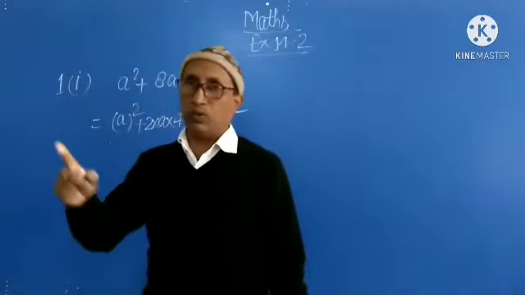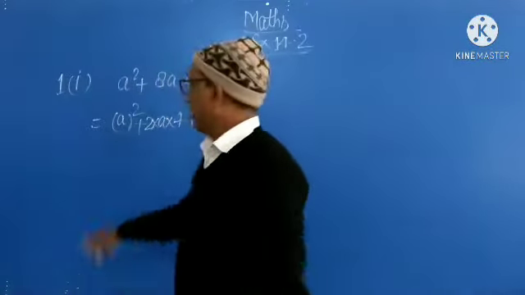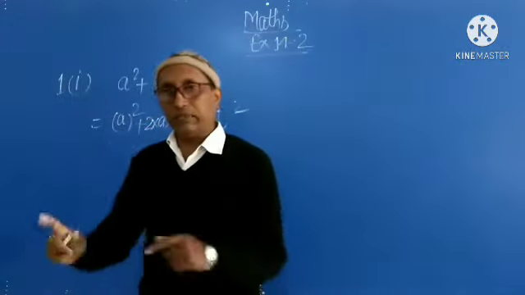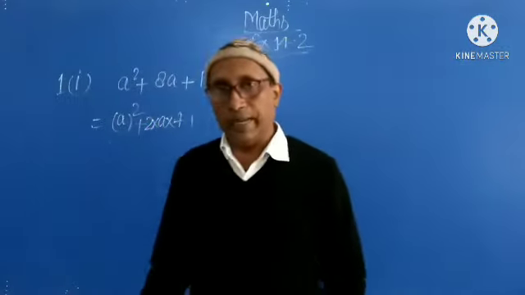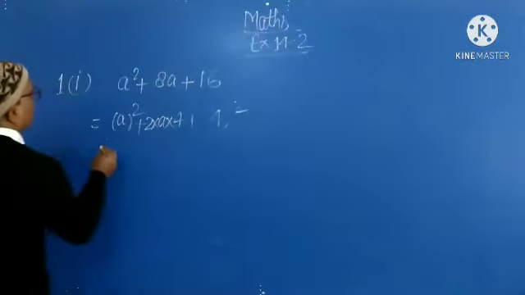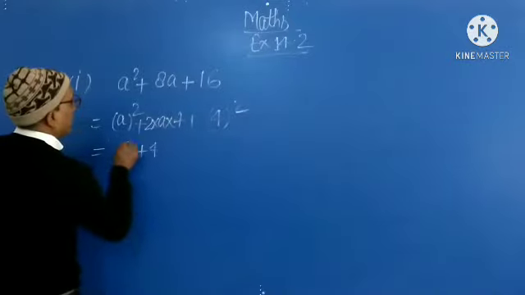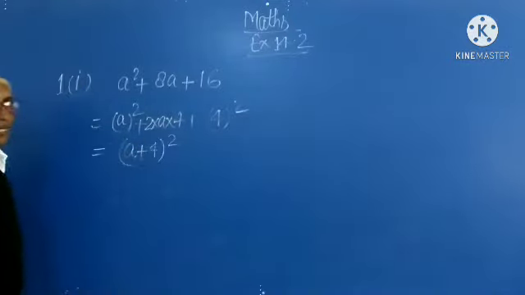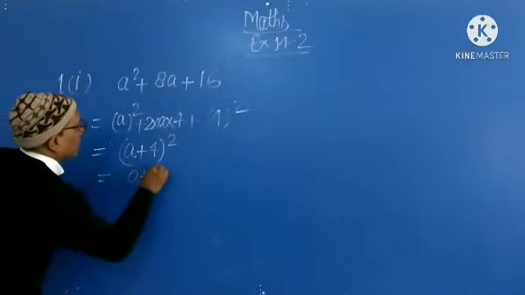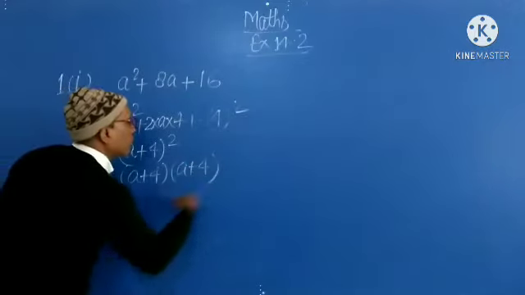Like I want to use here a square plus 2ab plus b square, which is equal to (a plus b) whole square. Means this is a and this is b. You also write it in the product form (a plus 4) into (a plus 4) twice.